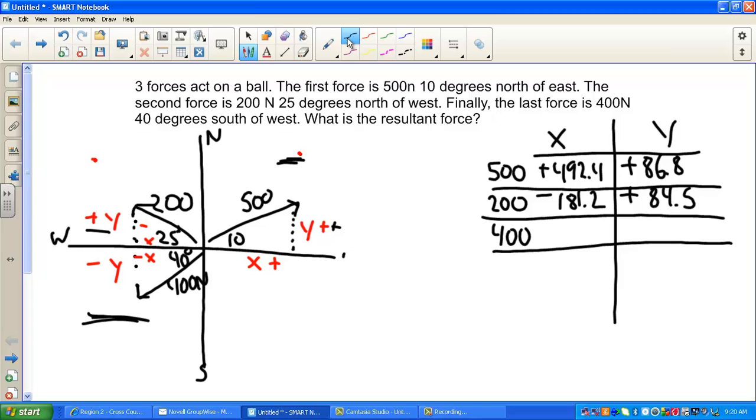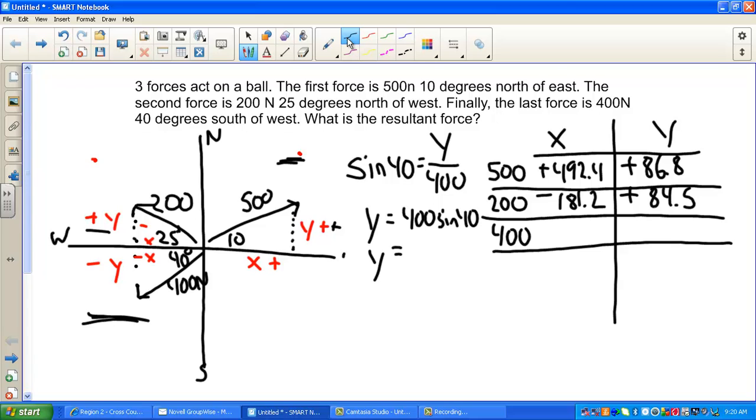So we're in this quadrant right here, and I see that it's the opposite side, so it's the sine of 40 is opposite, which is Y over 400. Y equals 400 sine 40. Punching that in the calculator again. That equals 257.1 for the Y. That's negative because it's in that quadrant.